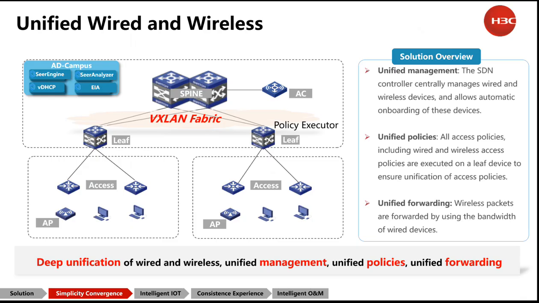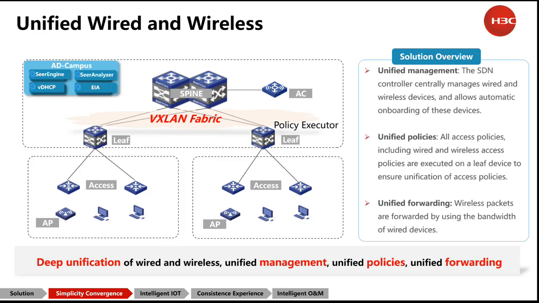Unified wired and wireless, and so just to go into each one of those in a little bit more detail. What's really important about the unified wired and wireless is in the old days, you'd have a wireless controller to deal with the Wi-Fi. You'd have another interface to connect to the traditional switching environment. Sometimes you'd have a completely separate interface to look at your core, something else to look at your access, and even a different platform to look at your data center.